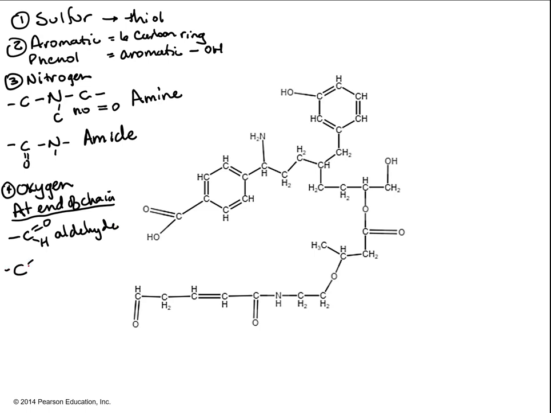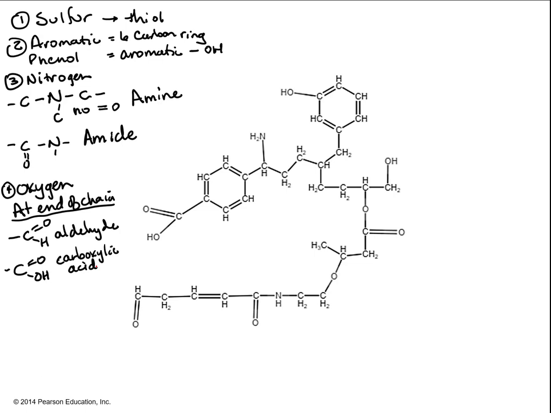If it's a carbon with a double bond oxygen and an alcohol group too, then that's a carboxylic acid. See those differences on your card? Those are going to be on the end of a chain. So for end-of-chain oxygens, look for whether there's 1 or 2. It's going to be an aldehyde or a carboxylic acid.